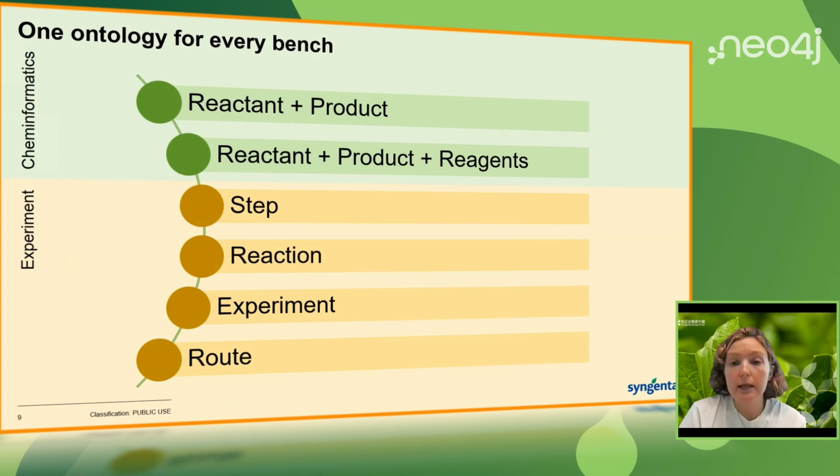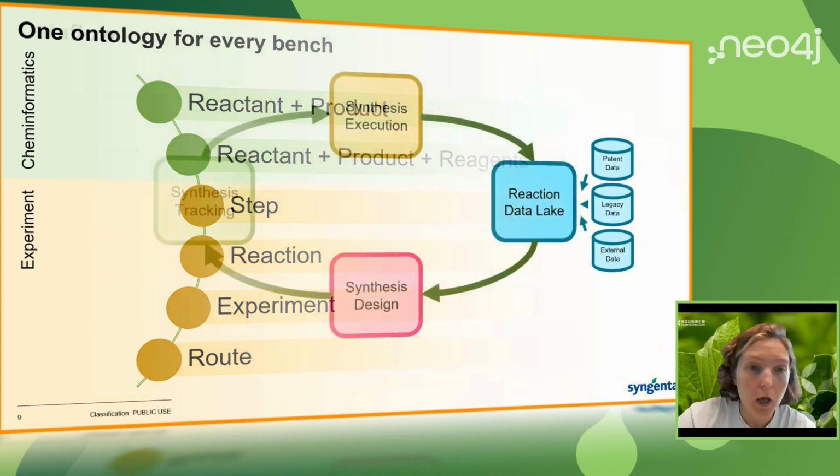The answer is very simple: now if you have a consistent ontology which links all the elements together, when a chemist runs a query in cheminformatic representation, the system also fetches automatically all the experimental data connected to this reactant and product.